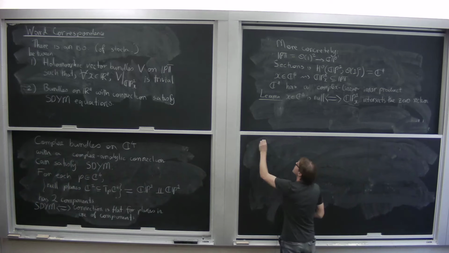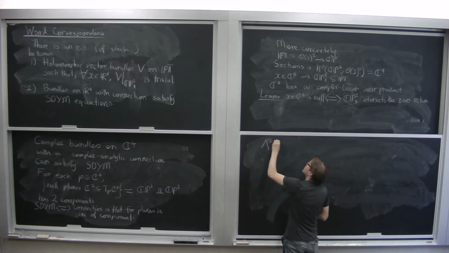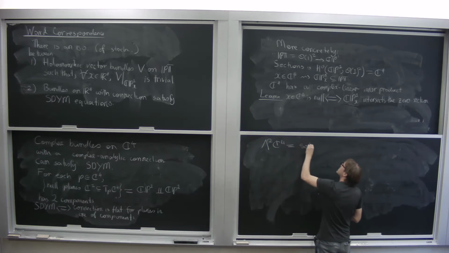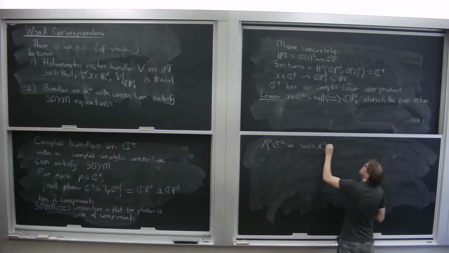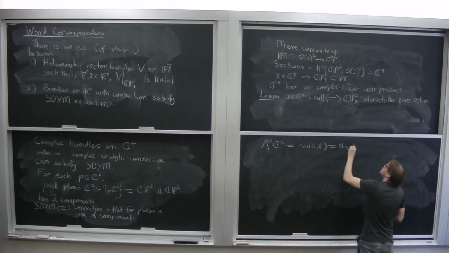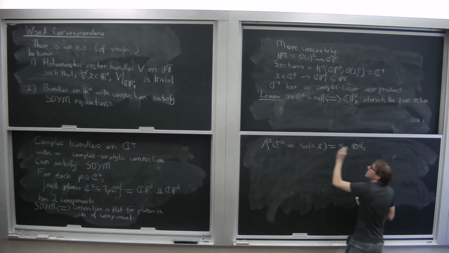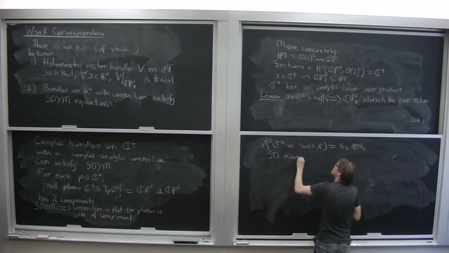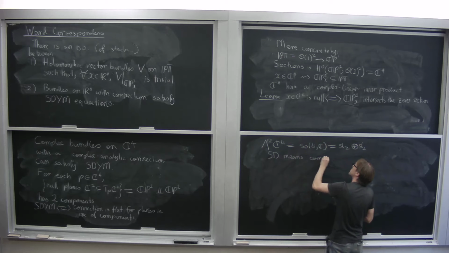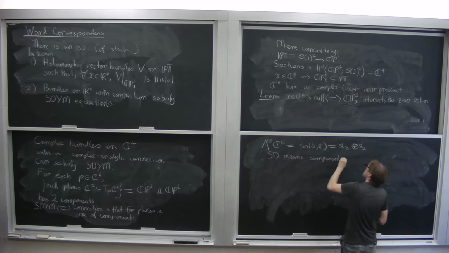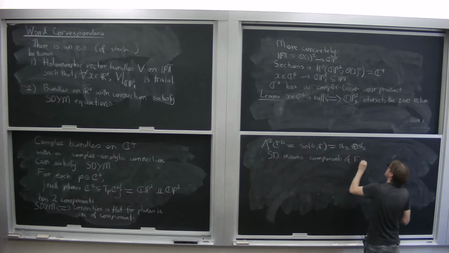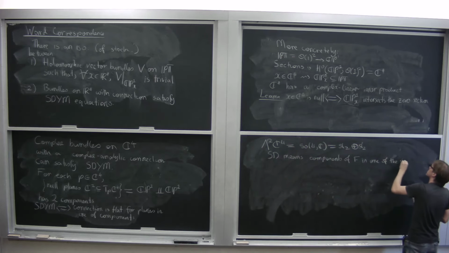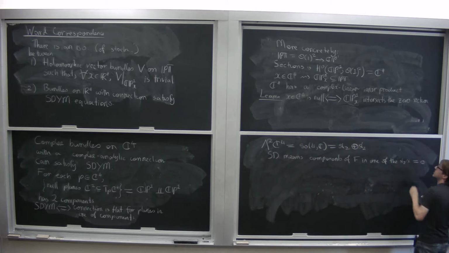So self-duality: the exterior square of C4 equals the adjoint of SO4C. So that's SL2 plus SL2. And self-duality means the components of F in one of the SL2s are equal to 0.